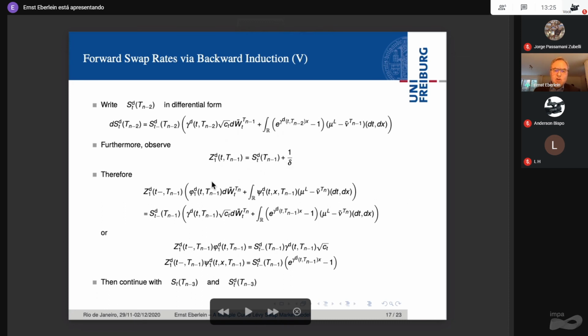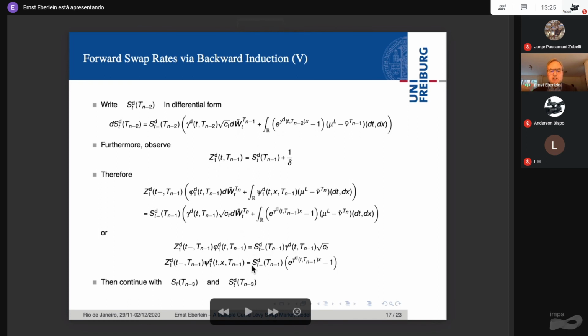And then we can compare the two representations in terms of stochastic differential equations. That is how we get these so far unknown coefficients phi and psi, because with this comparison they can be expressed in terms of things we know, namely the volatilities and the swap rates.